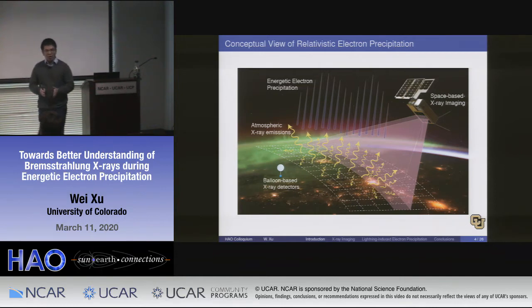The main focus of this study are those Bremsstrahlung X-rays backscattered into space. And the goal is to better understand these Bremsstrahlung X-rays and develop a method that can be used to estimate the size and flux of precipitating electrons using X-ray measurements.